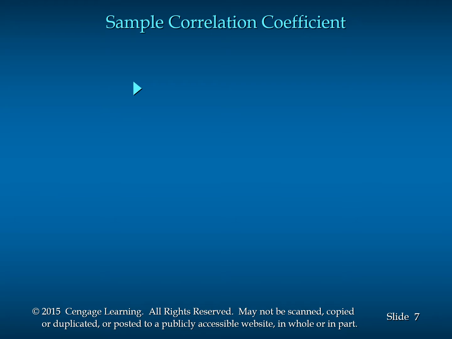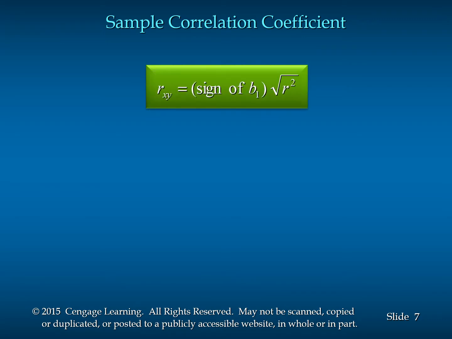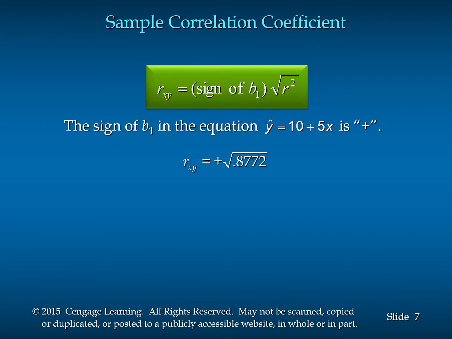Both the coefficient of determination and the correlation coefficient measure the goodness of fit of the actual data to the regressed line. The closer either r squared or r is to the value of 1, the better the relationship.